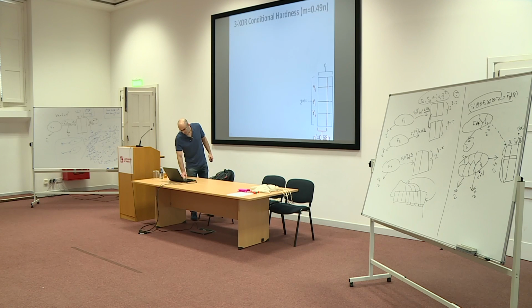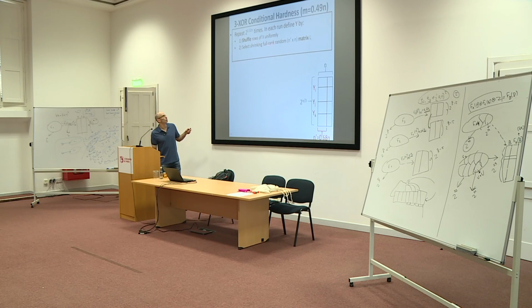And so what you suggested is basically correct. The final algorithm is going to be the following. We repeat 2 to the 32n times. In each run, we define this dense matrix Y as follows: we shuffle the rows of X randomly, and we select a shrinking full rank random matrix L. It's going to shrink vectors of n bits to smaller vectors of n' bits.